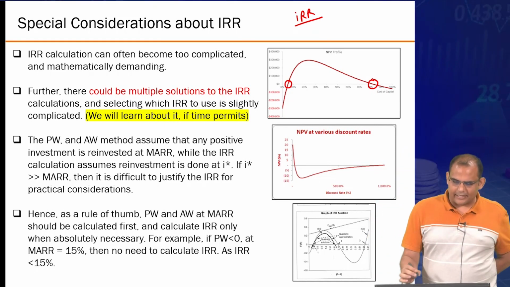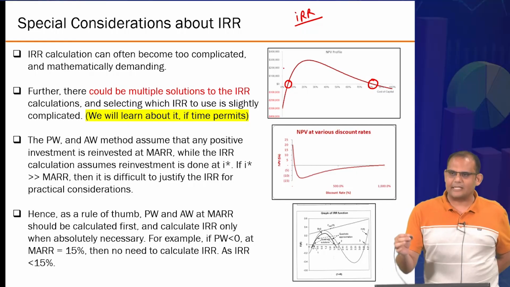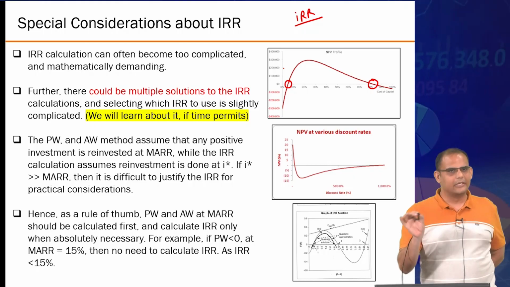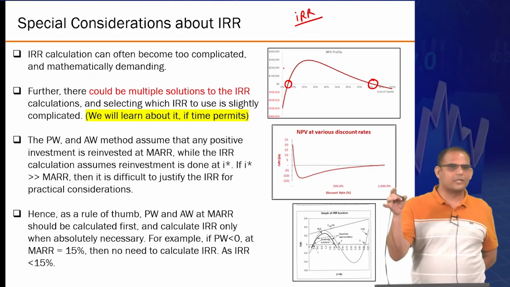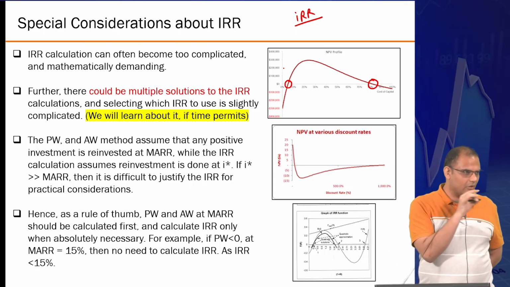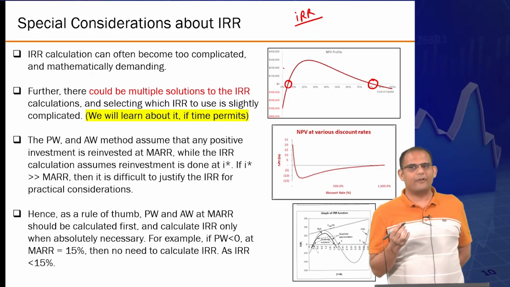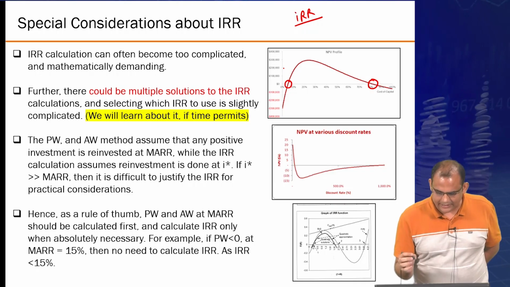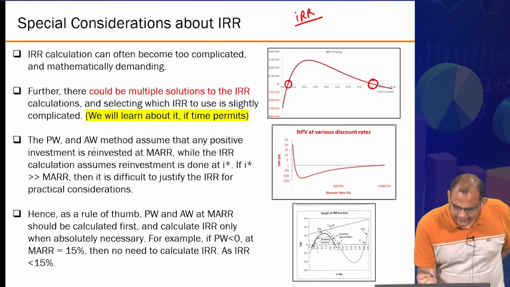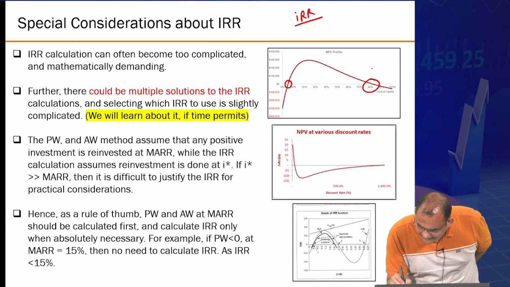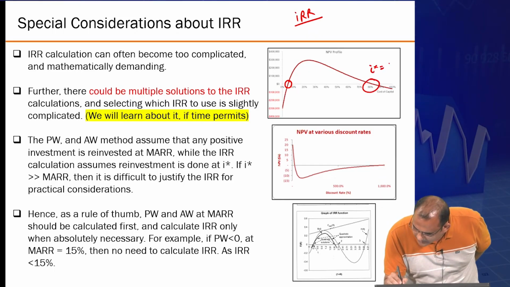Now what happens in the real world is, because it's an n-order polynomial, this curve can behave very randomly. It can have multiple roots, multiple locations at which it crosses the horizontal NPV equals 0 line, and therefore you have to be careful. So what are some of the ideas? For example, let's say in this particular case, the i value is coming out to be somewhere about 80%.